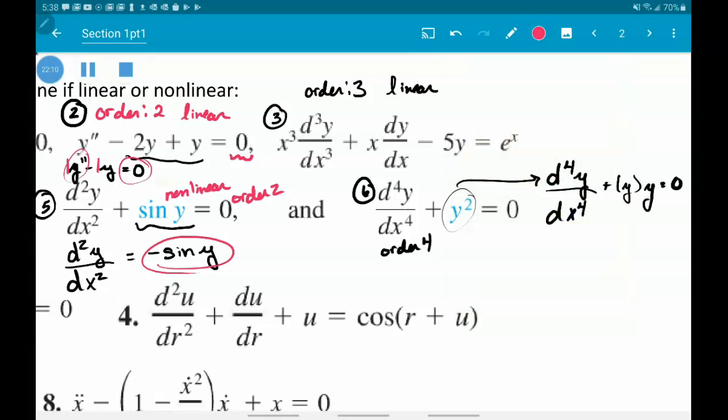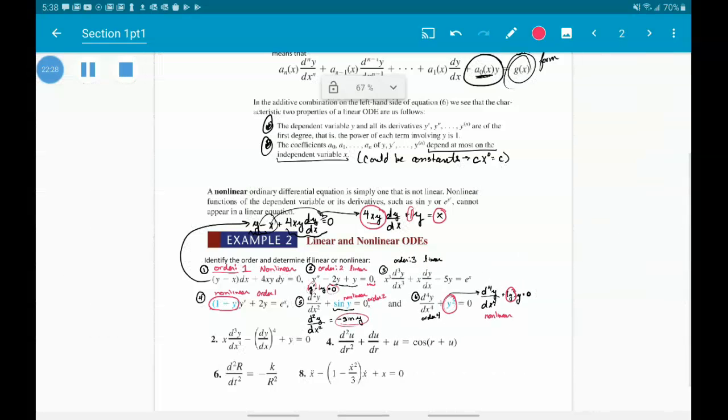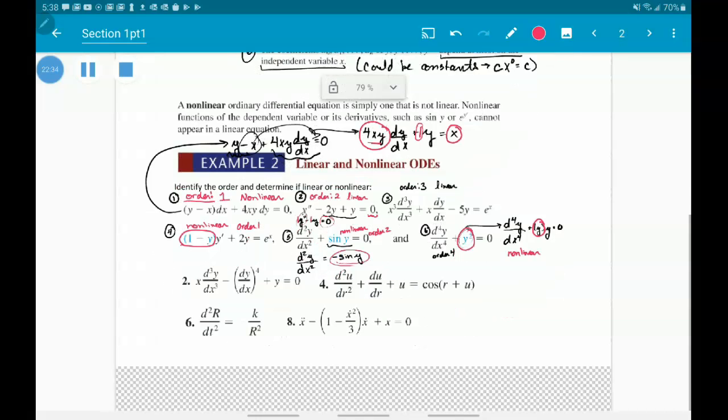And now that coefficient in front of that y is y, so that's a problem. This is our problem term. There's no way we could just get a y there and keep it in proper form, which is that standard form that we were talking about earlier. So this guy's nonlinear.